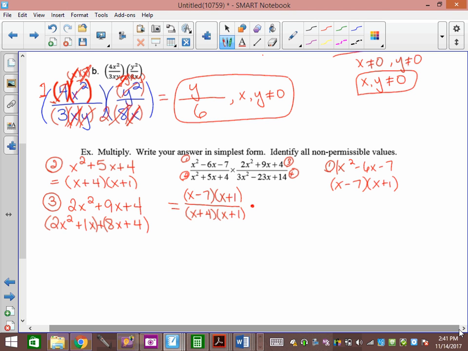So this is equal to x, take out an x, 2x plus 1. Take out a 4. We're left with 2x plus 1. So our factors are 2x plus 1 and x plus 4.